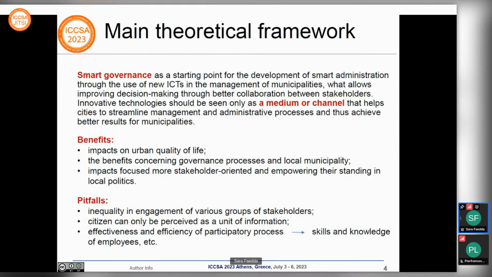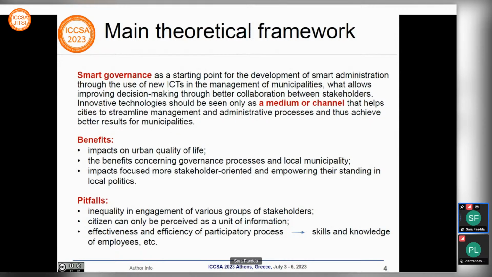Some authors say that, for example, citizens can be seen just as a unit of information, a piece, and the information, the data about them, is just collected. And there were also some environmental issues. Maybe it's a little bit extreme, but it was associated with a lot of technologies and techniques that can influence, for example, the environment, increase the temperatures and so on.